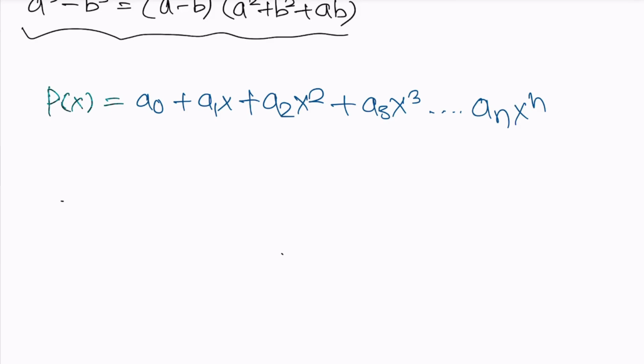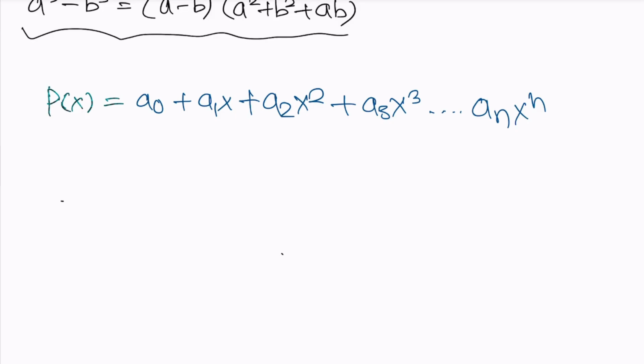So a polynomial is of the form where all the terms have the powers of x, numerical powers of x, which are positive integers or even 0, non-negative integers in fact. And this is the standard form of a polynomial.